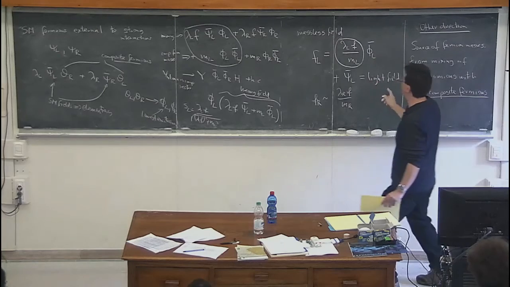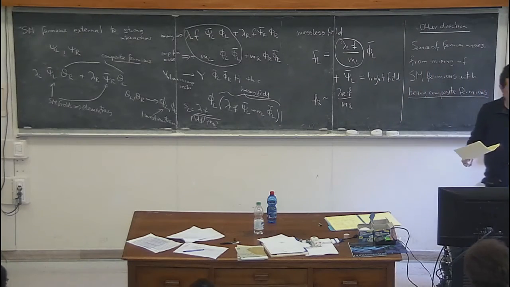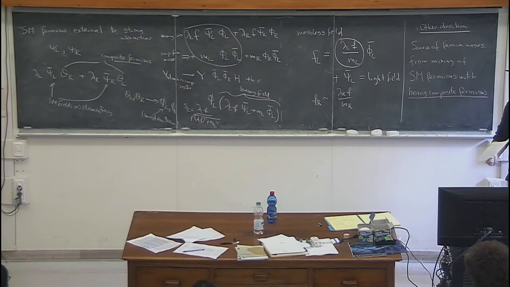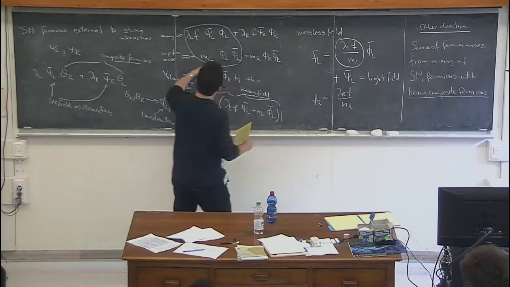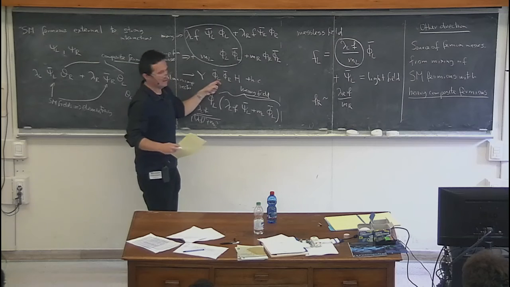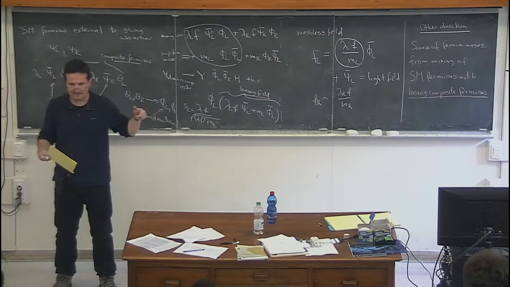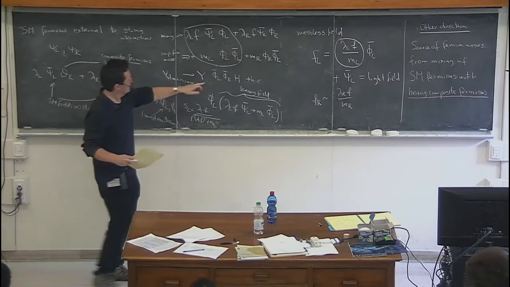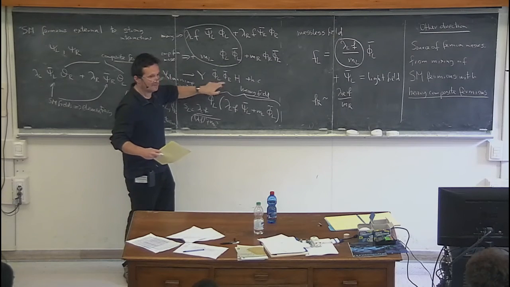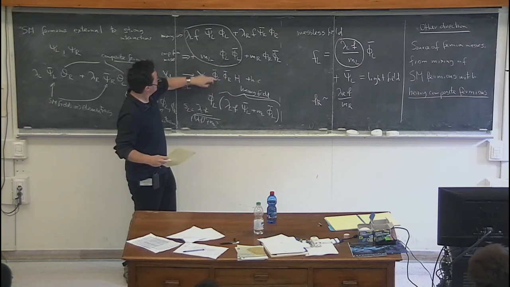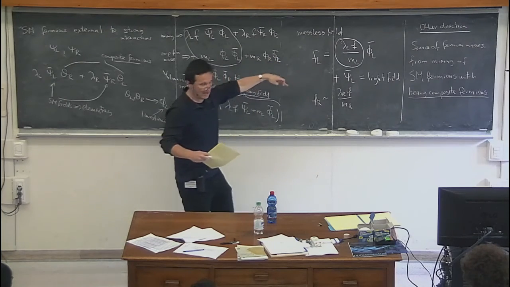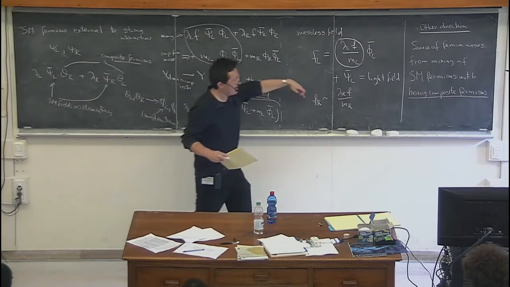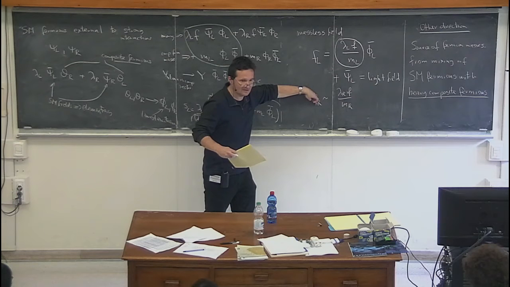So the right-handed field will have a small fraction of compositeness, which means that in the Yukawa coupling you have written for the composites, the phi left will contain an F left fraction of the light field, and this will contain an F right fraction of the light field.